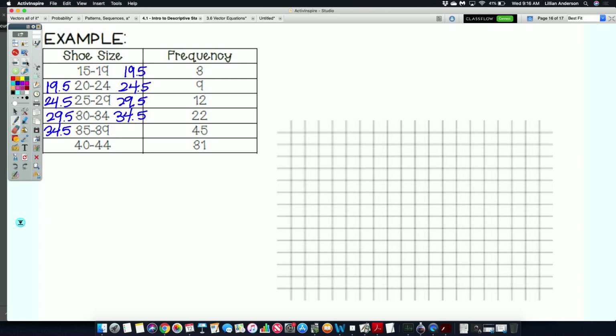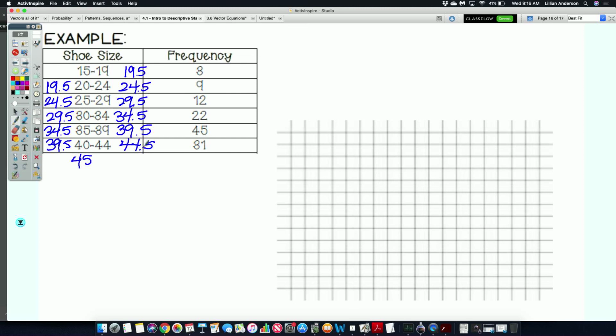Let's finish this off. This one is 39.5. And because this applies to basically the middle of our data, it also applies to the beginning and the end. If there was another class of shoe sizes, it would start at what? It would start at 45, which means that the upper limit of the very last class should be 44.5.